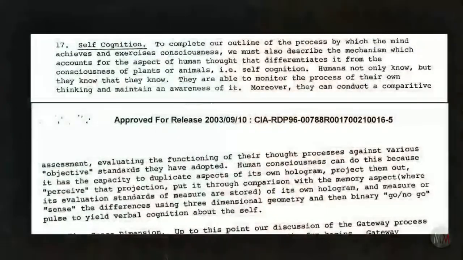To complete our outline of the process by which the mind achieves and exercises consciousness, we must also describe the mechanism which accounts for the aspect of human thought that differentiates it from the consciousness of plants or animals, i.e., self-cognition. Humans not only know, but they know that they know. They are able to monitor the process of their own thinking and maintain an awareness of it.